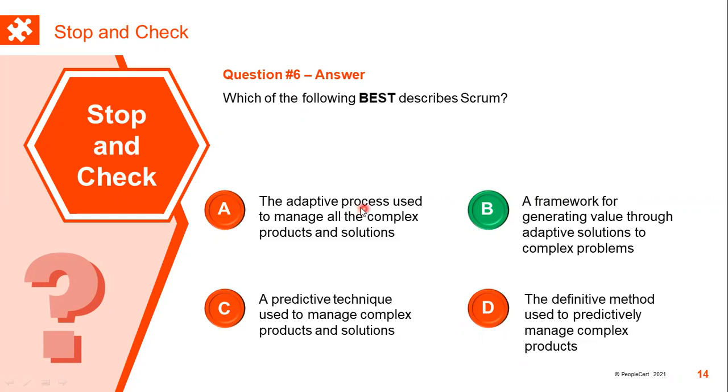Because it's not a process as in A, it is not a definitive method as in D, or not a predictive technique as in C. Therefore, a framework for generating value through adaptive solutions to complex problems. We do see the factor of complexity in the other options, but B would be the correct answer.